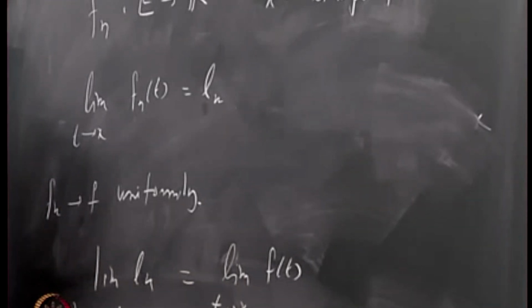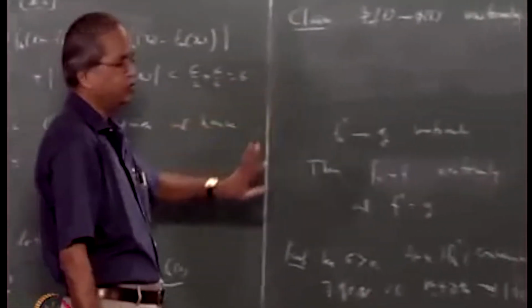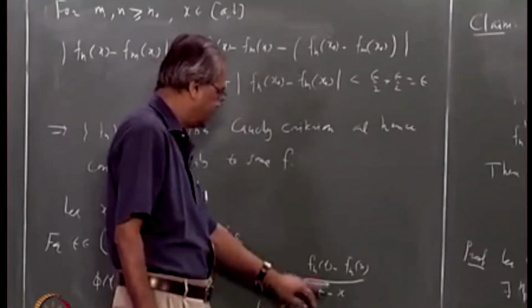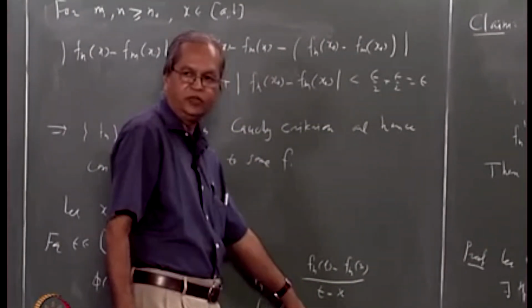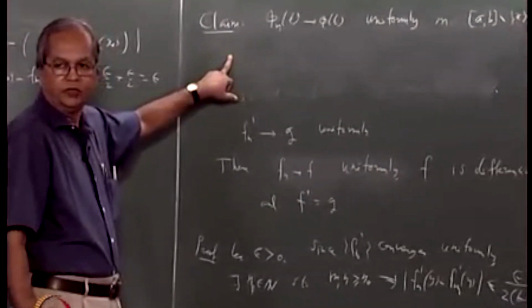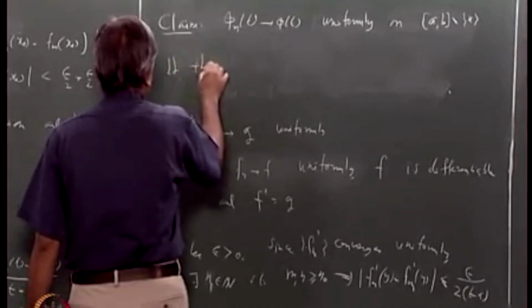We are going to use that theorem for the functions phi n and phi. Suppose we show that phi n(t) converges to phi(t) uniformly, and the limit of phi n(t) as t tends to x exists, that is fn prime(x).